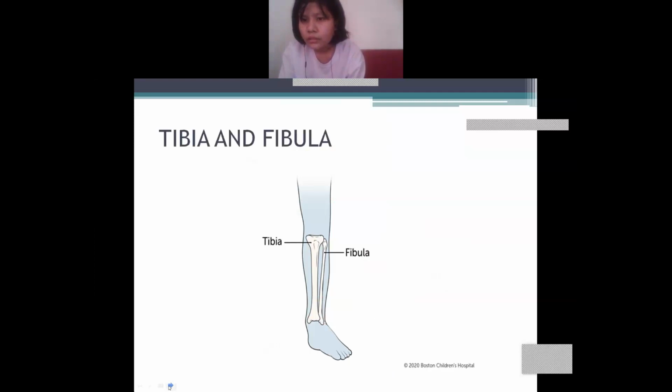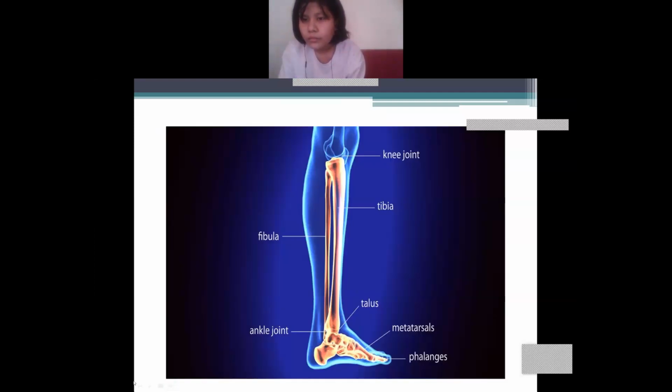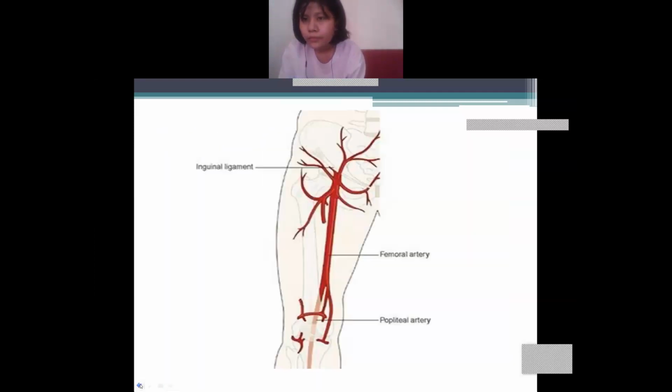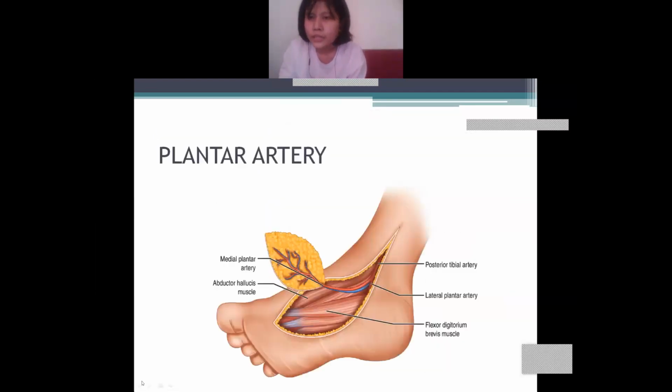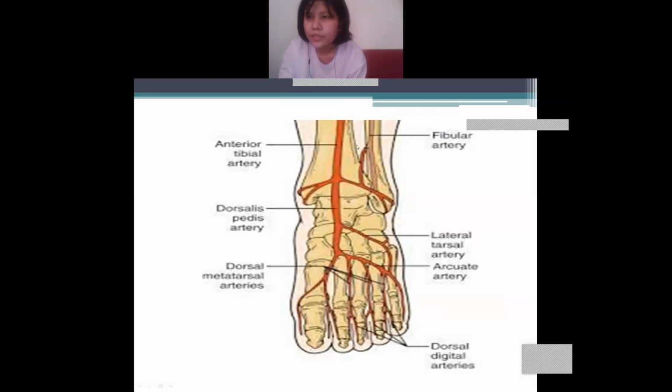Yes. In this anterior tibial artery, this is the dorsalis pedis. This is the dorsalis pedis, and in this dorsalis pedis, you will be able to feel your pulse. Understand? Here also you will be able to feel your pulse.